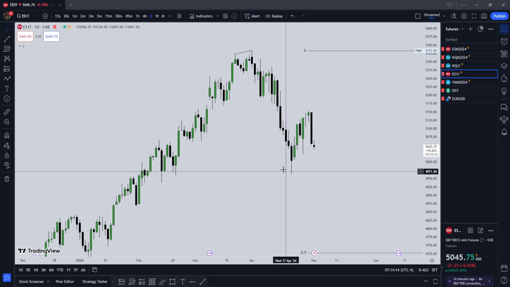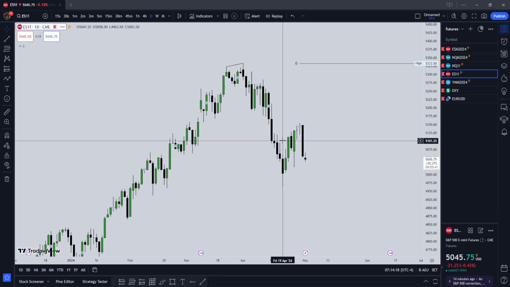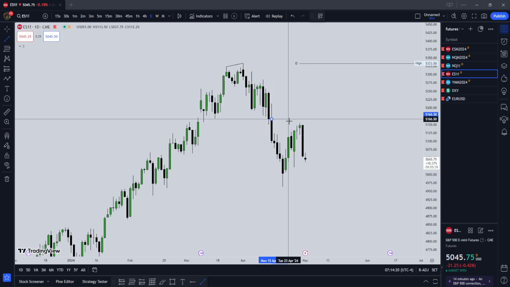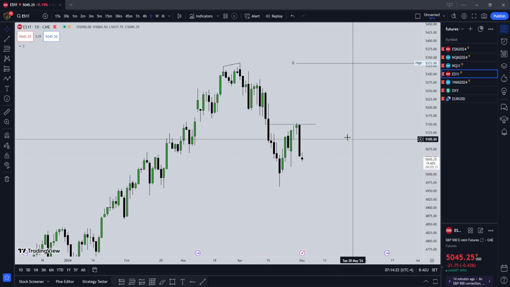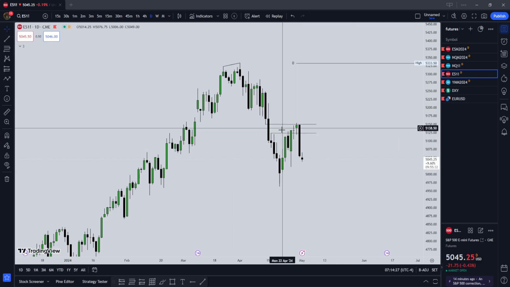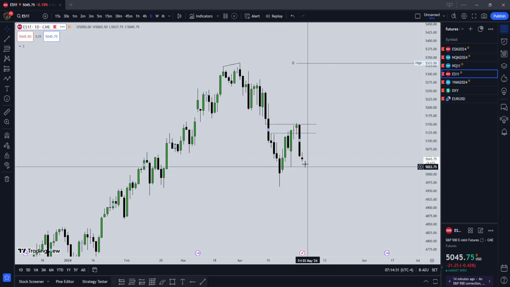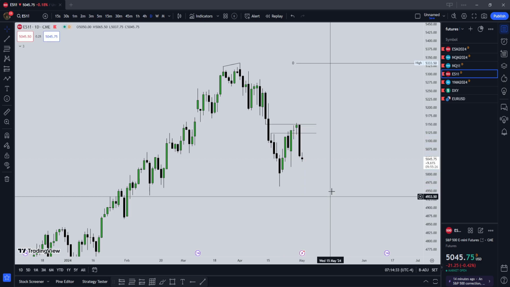In this case, when we had an SMT down here, we had a reason to go up, because we had an imbalance up here to fill, and then potentially move lower if price is bearish.